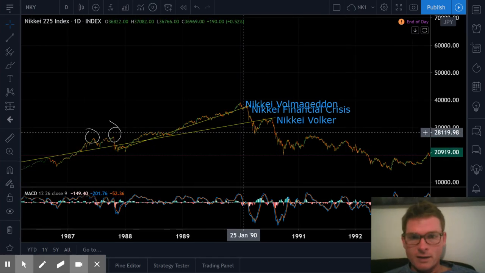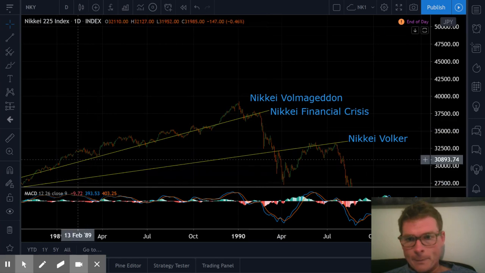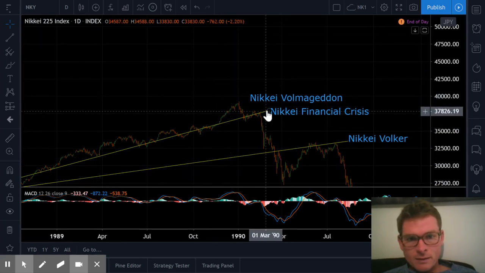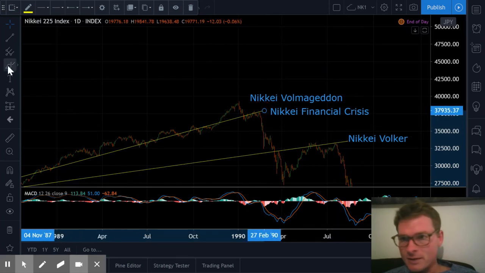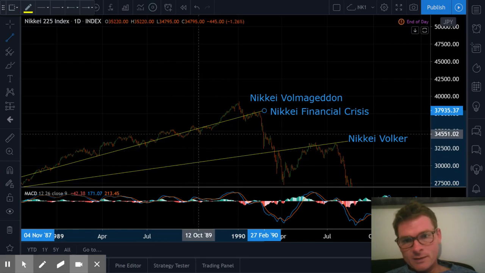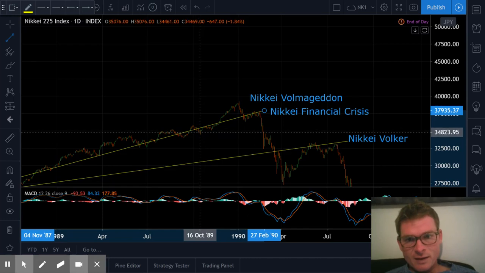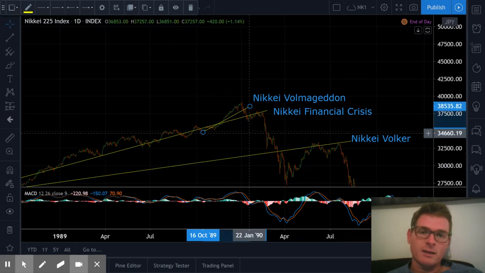If we get in closer, we can adjust this so it's nicer. That one's pretty good. Here is the Volmageddon crash of the Nikkei, and it goes up and does our dead cat bounce just like we did on ours.